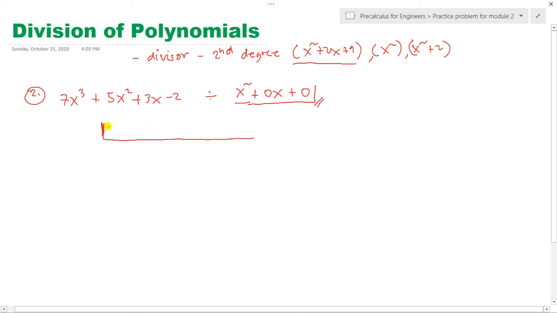So, if that is the case, write directly the synthetic na sign. Just write the coefficient of our dividend. So, 7, 5, 3, and negative 2. And then, again, class, i-check mo sa divisor natin, check mo kung coefficient ng ating leading term is 1. So, since 1 dito, okay na siya. And then, try to look at the coefficient of the second and the last term.